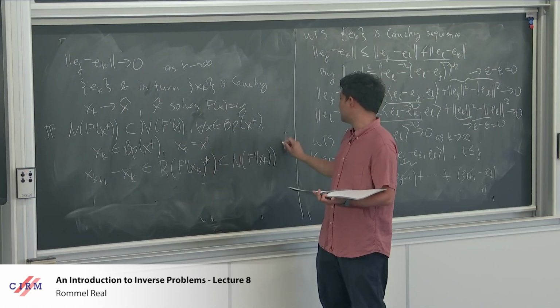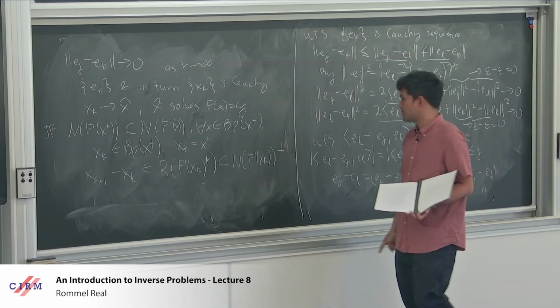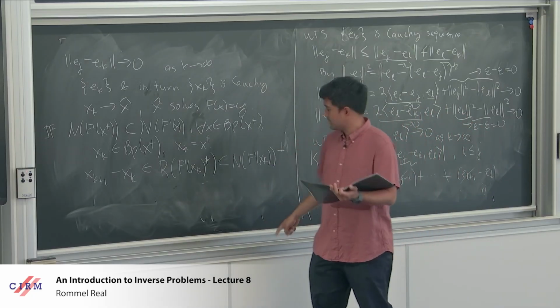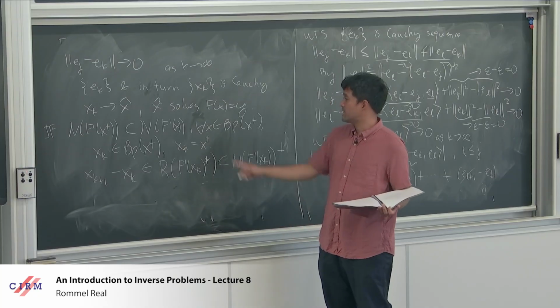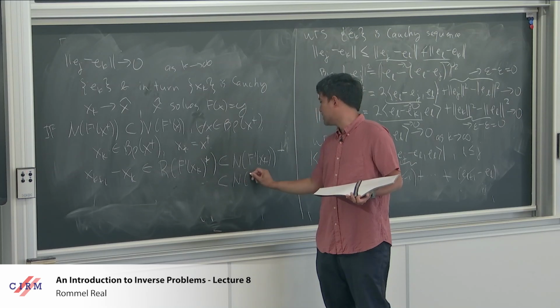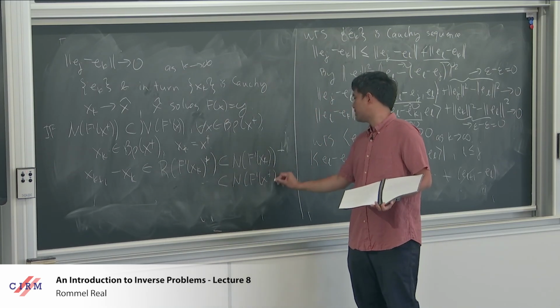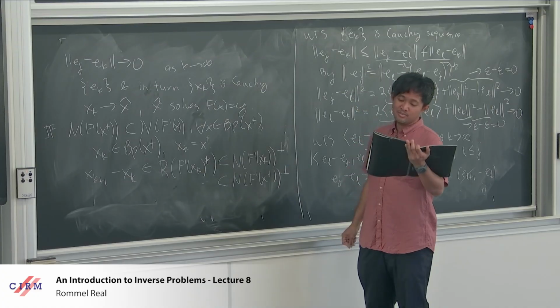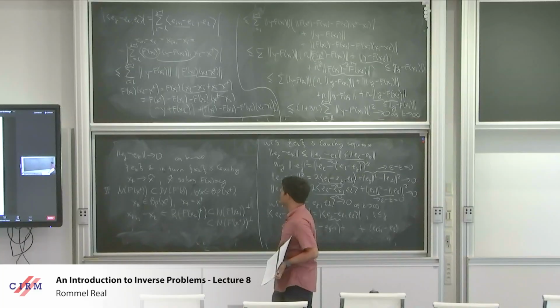Then we take the orthogonal complement, and by this assumption here, this is also contained in the null space of f prime of x dagger taken with the orthogonal complement.